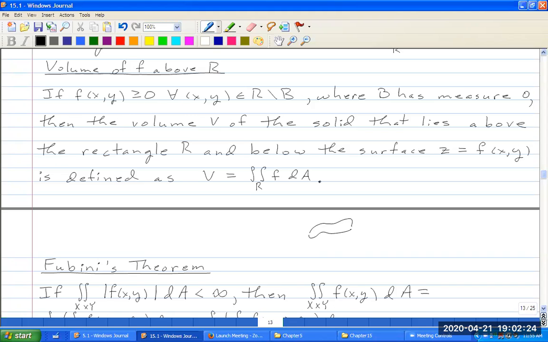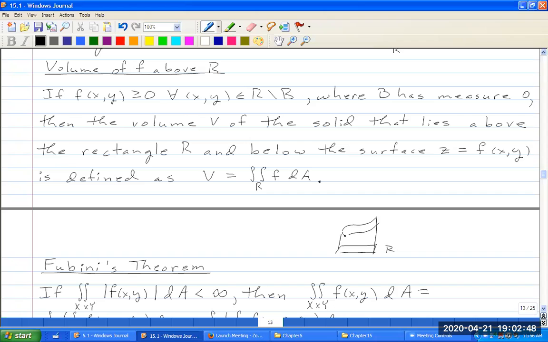over some rectangle, here's some rectangle R, I'm trying to draw it, and here's some function above it.